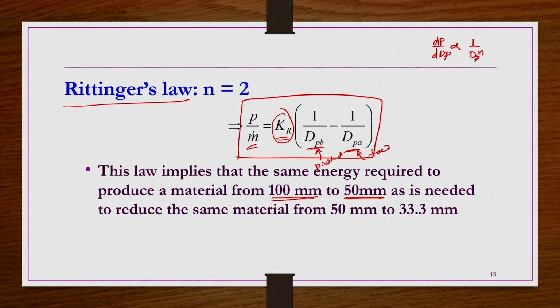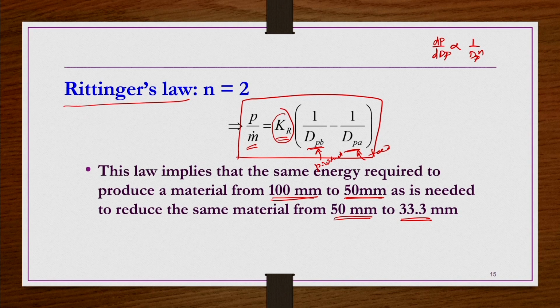Then you take a feed of 50 mm and you want a product average size of 33.3 mm. Then again 1 by 33.3 minus 1 by 50 is again close to 1 by 100. So that means in this case also the power requirement would be the same, but in practice that is not going to be true.